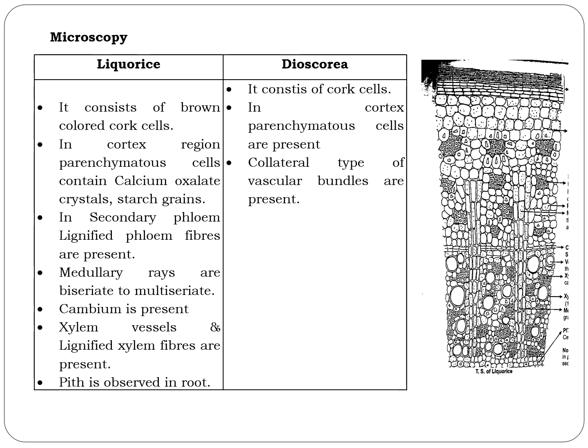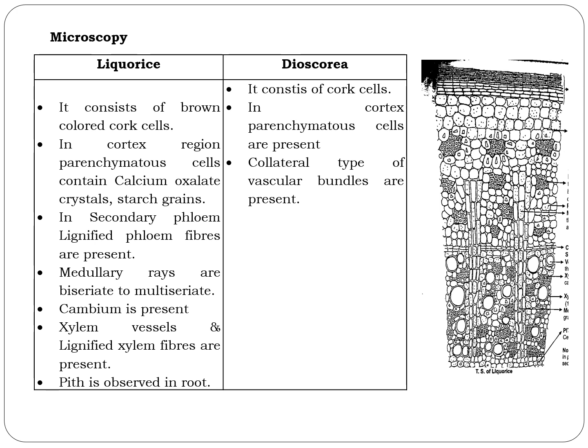If you see the microscopic characteristics of licorice, it consists of brown colored cork cells. In the cortex region, parenchymatous cells contain calcium oxalate crystals and starch grains. In the secondary phloem, lignified phloem fibers are present. Medullary rays are biseriate to multiseriate.